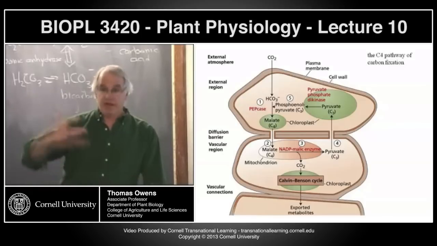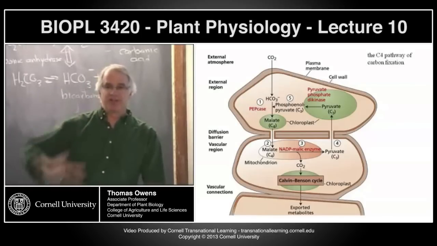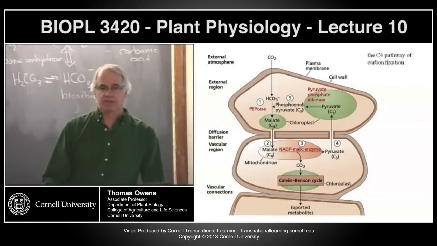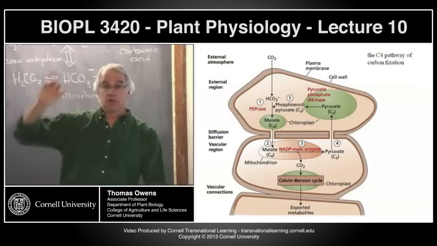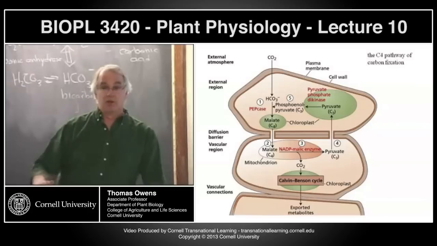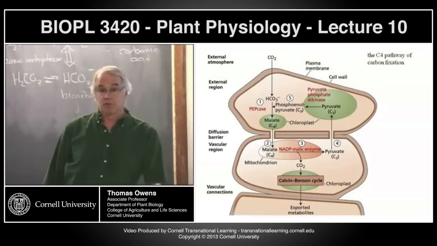So it's a very interesting evolutionary and cell biology component of this that we're not even going to get into. But what this represents is a very widespread response to lowering CO2, with Rubisco suddenly becoming a real problem for plants. And this is one response to it, one mechanism of getting around it.